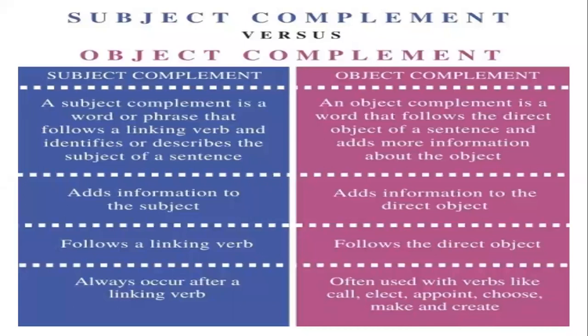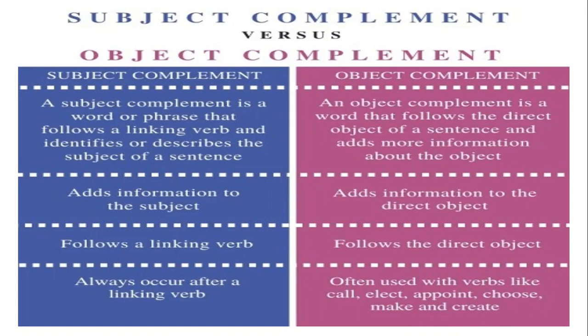Now let's see the comparison between these two. I think this comparison will give you an easy way to understand it. A subject complement is a word or phrase that follows a linking verb. So you have to keep this point, linking verb, in your mind. Whenever you have a linking verb, the remaining part is basically the subject complement, and it identifies or describes the subject of a sentence.